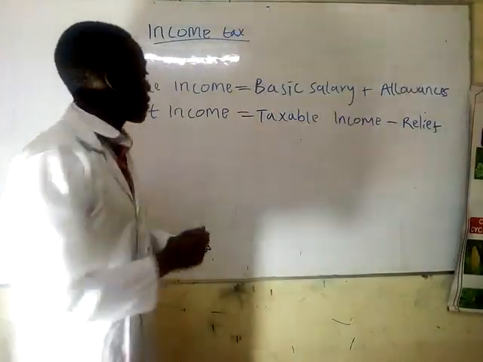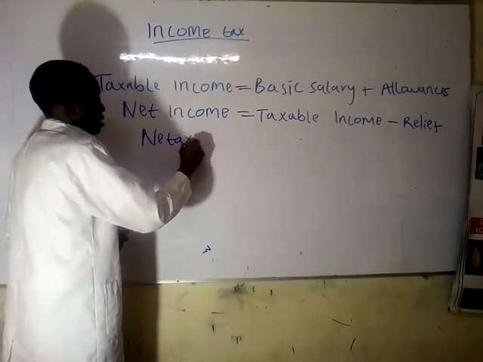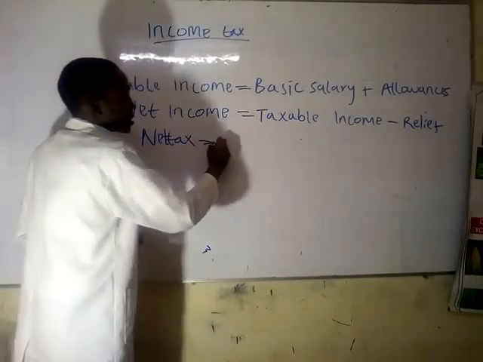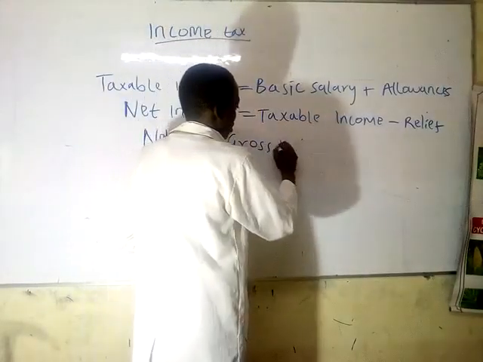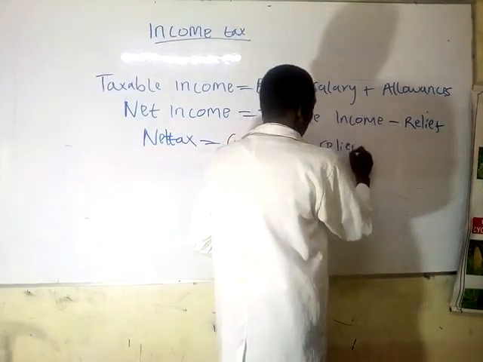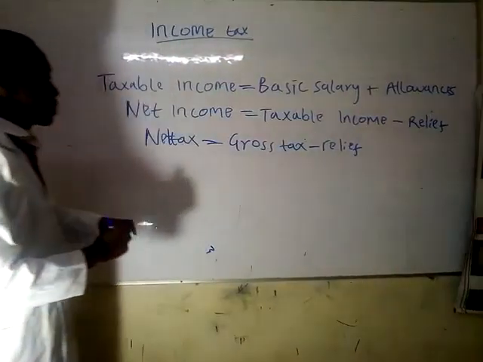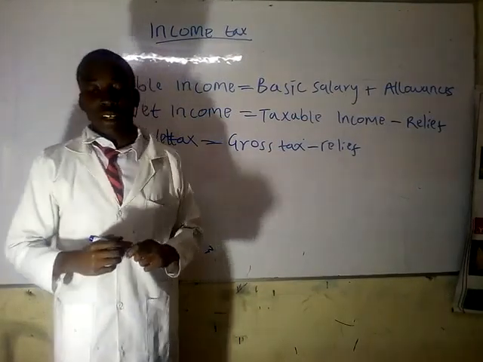We also have net tax. This is given by gross tax minus relief. These 3 points are the main points you have to know before handling a question on income tax.